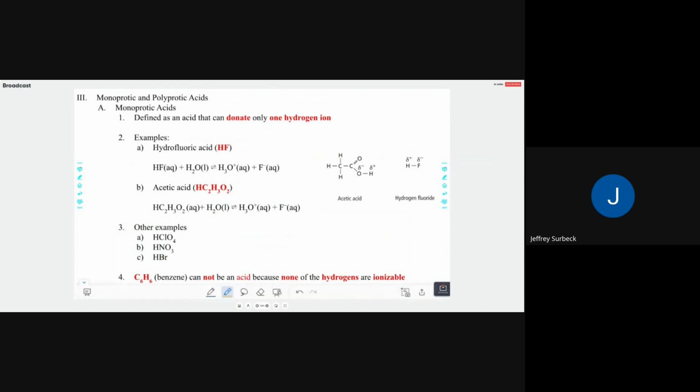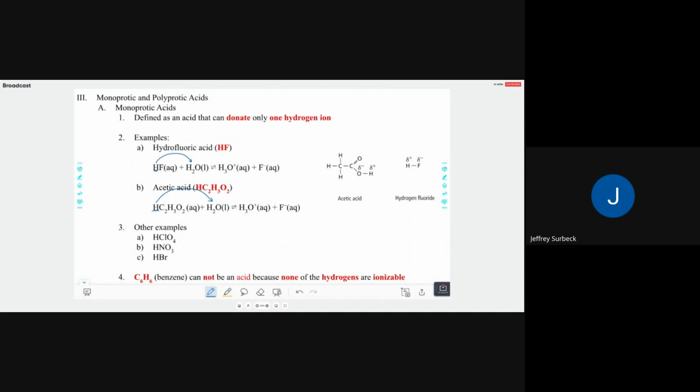If we take a look at HF, there's only one H total to donate. It's a monoprotic acid. Acetic acid, you see that there are multiple H's, but only one can actually be donated. And because only one can be donated, it's considered a monoprotic acid.